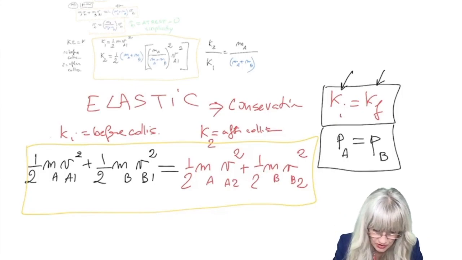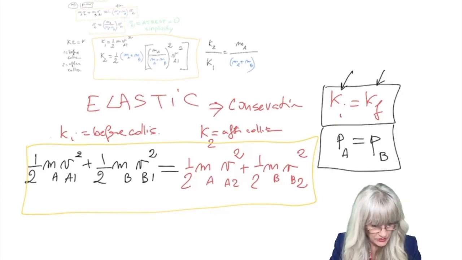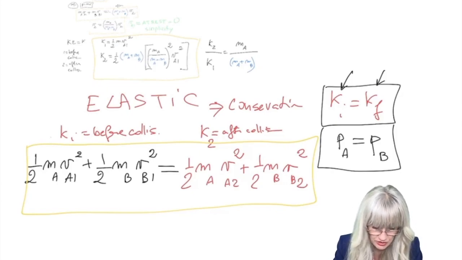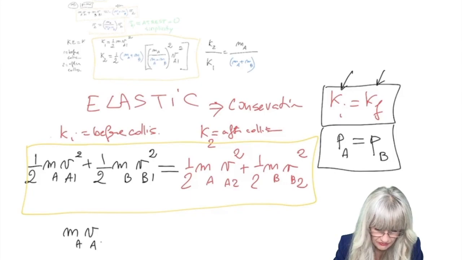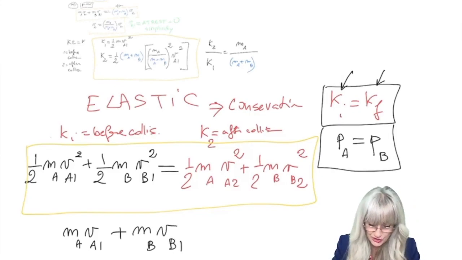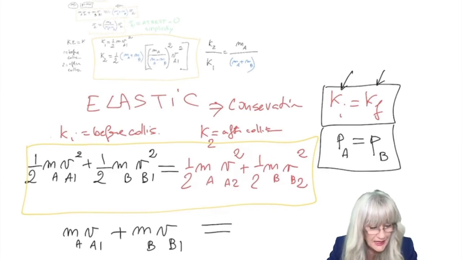Let's spell out the momentum. Before the collision, we have the momentum of A, mass A times velocity A before the collision, plus the momentum of object B, with its velocity before the collision, equal to after.